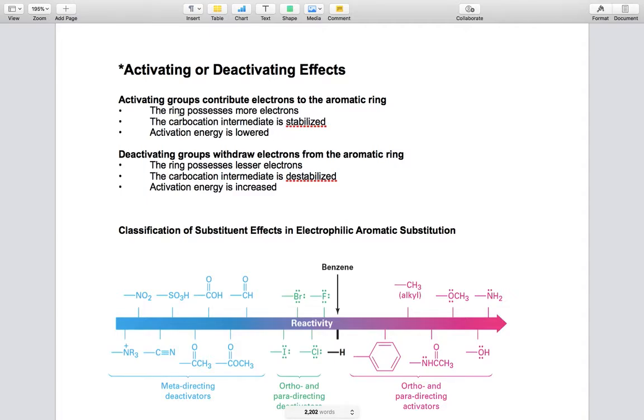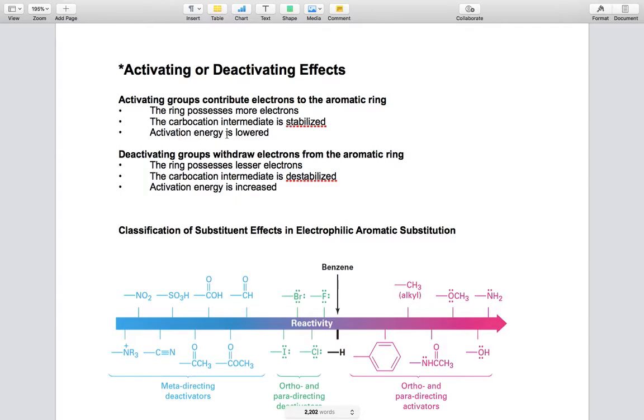For activating groups, the ring possesses more electrons. The carbocation intermediate is stabilized and the activation energy is lowered. So pag sinabi natin activating, more stable siya, mas maraming electron. And lowered ang activation energy.